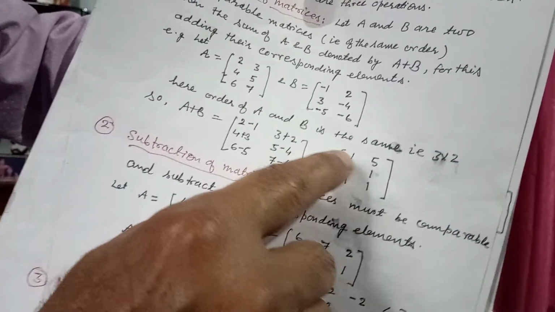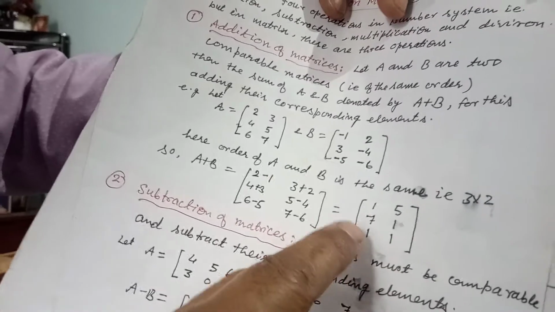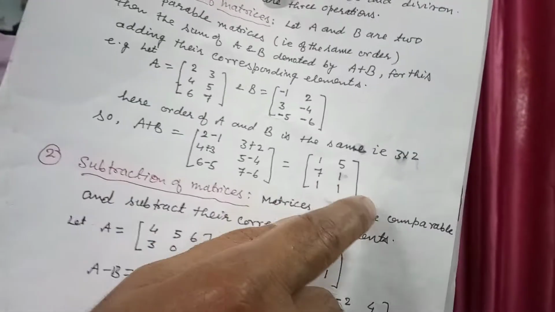We just simplify. We get the elements 1, 5, 7, 1, 1, 1. So this is also the same order of matrix. This is the meaning of the addition of the matrices.